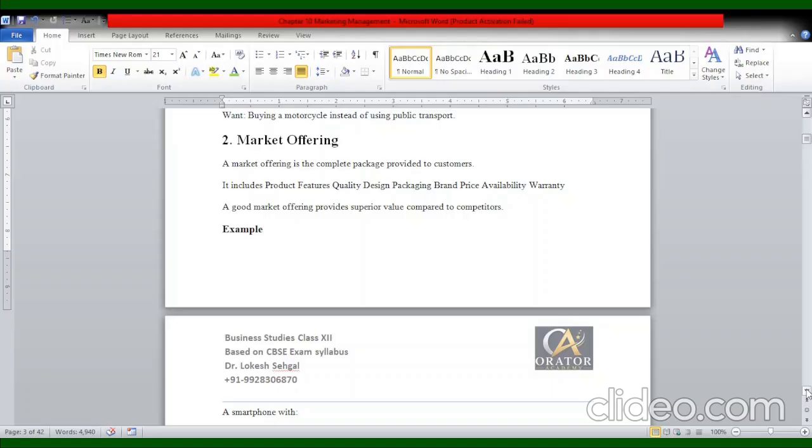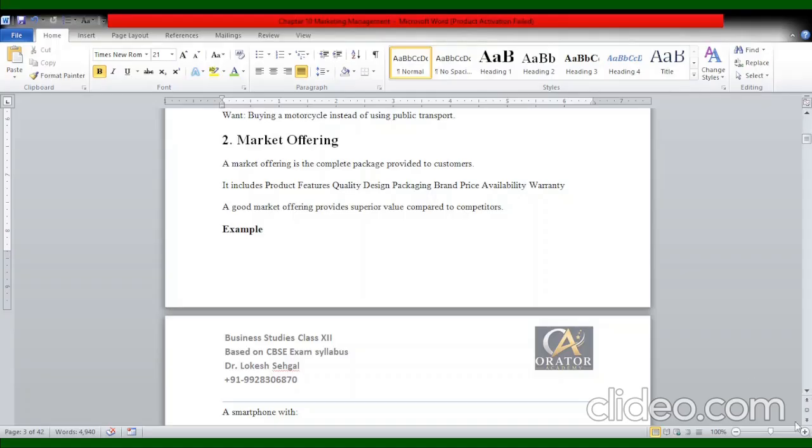So a good market offering provides superior value compared to the competitor. This is how you market your product, including the various features, quality, design, packaging, branding, price, availability, and warranties.